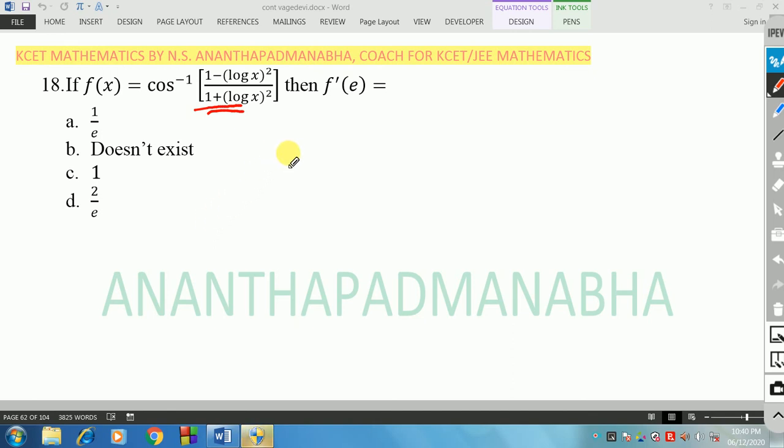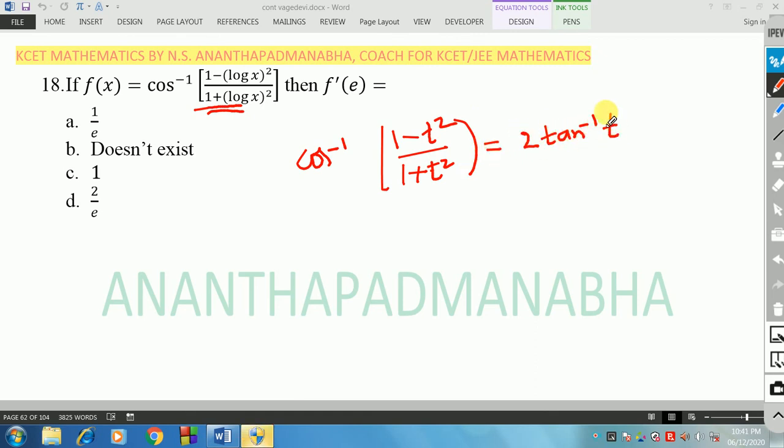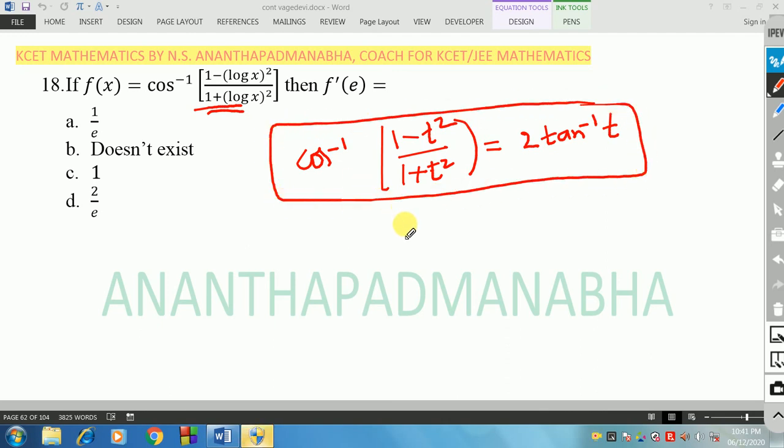So we have cos inverse of (1 minus t square) by (1 plus t square) as 2 tan inverse of t. Now this given problem is in this form. In place of t we have log x.